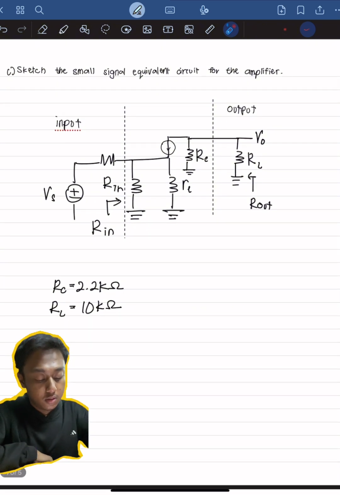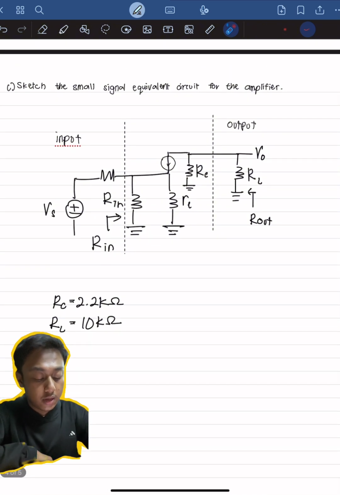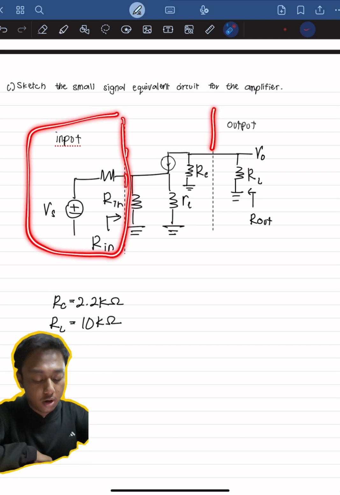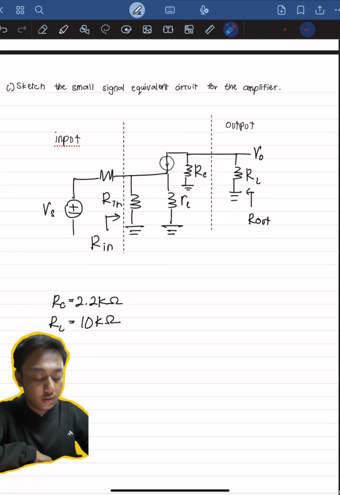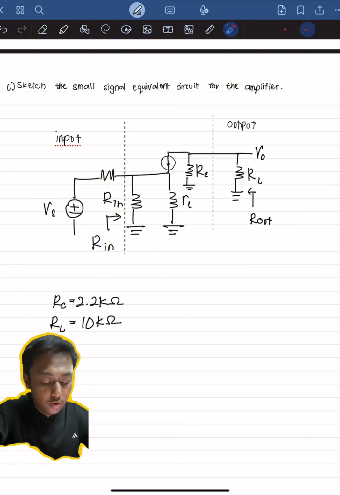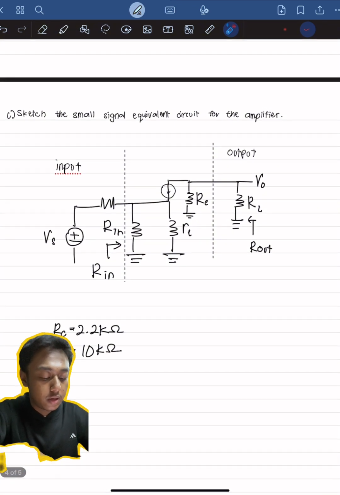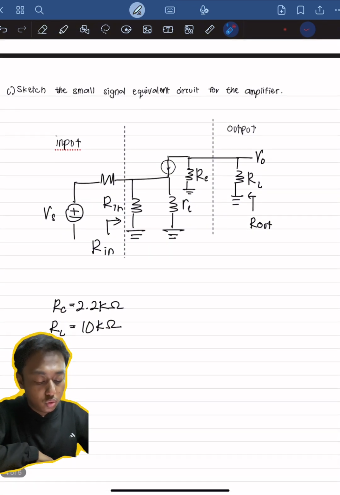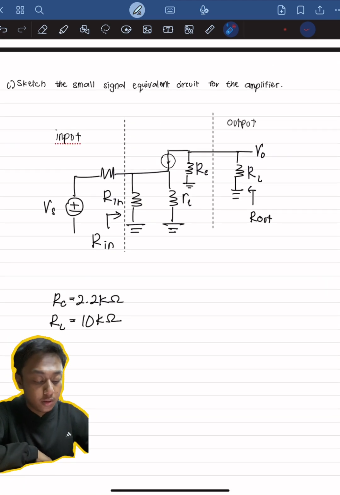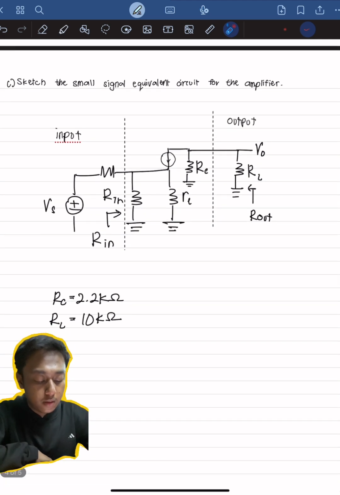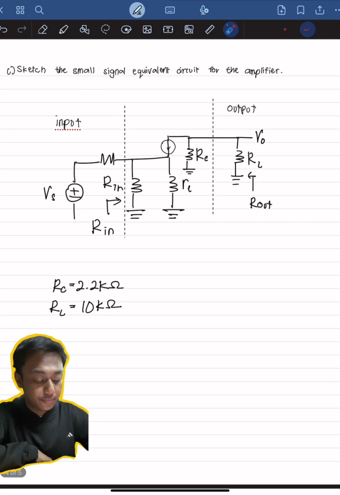So on this side of the circuit is the input part, and this side of the circuit is the output part. This version of the circuit will make it easier for us to later identify which part we have to do the analysis on.